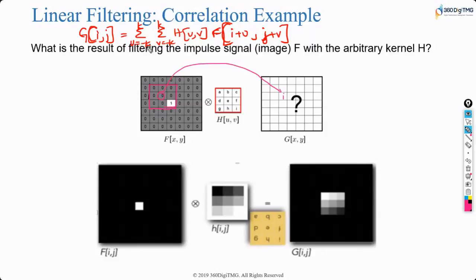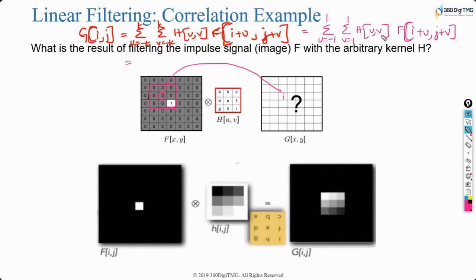If I take u equal to minus 1 and v equal to minus 1 initially, this ranges from u equal to minus 1 to plus 1 and v equal to minus 1 to plus 1, into h of u comma v and f of i plus u comma j plus v.